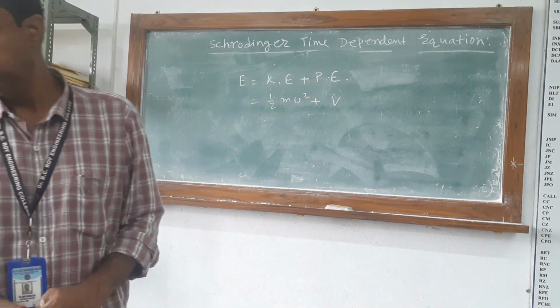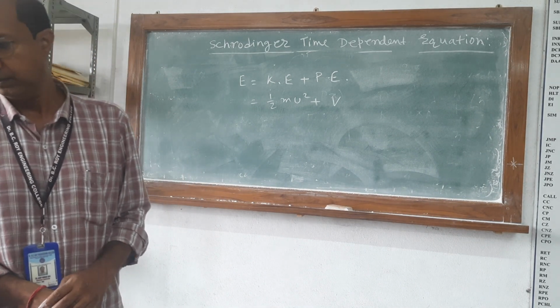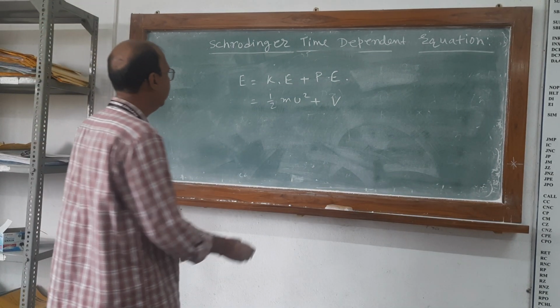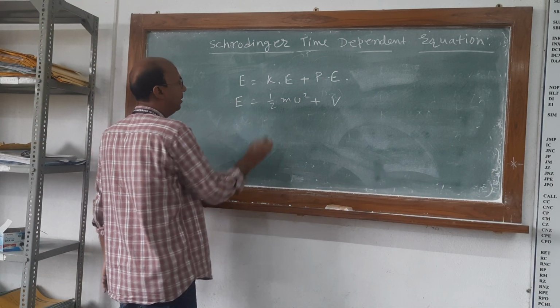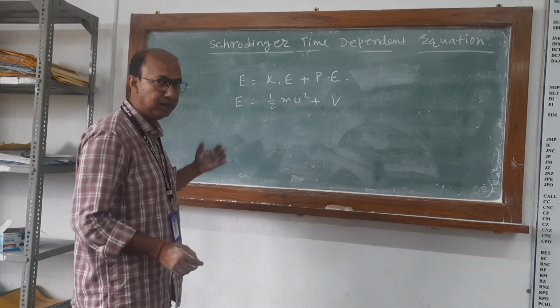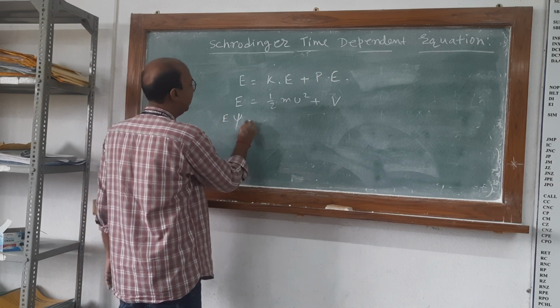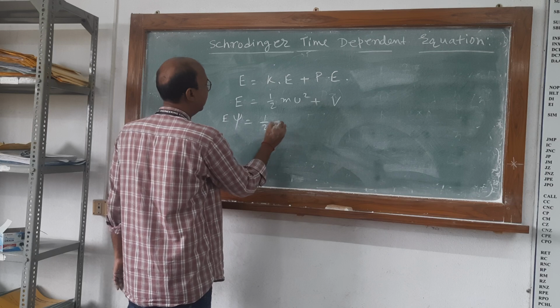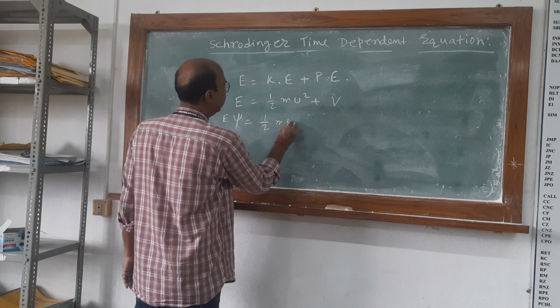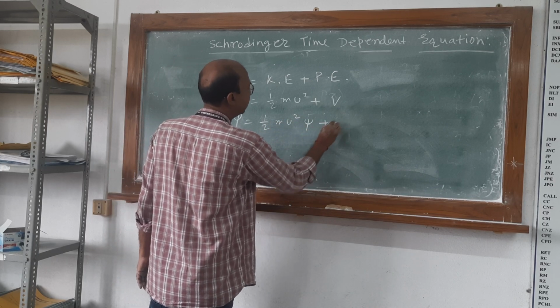Now multiplying both sides by the wave function psi, it becomes E psi equal to half m v squared psi plus V psi.